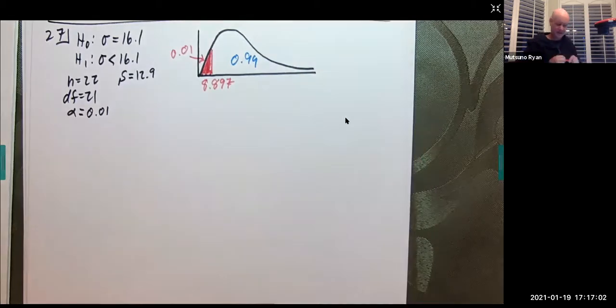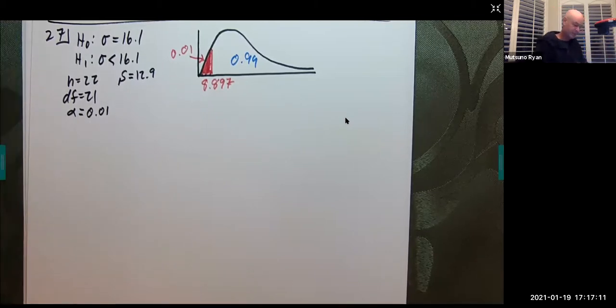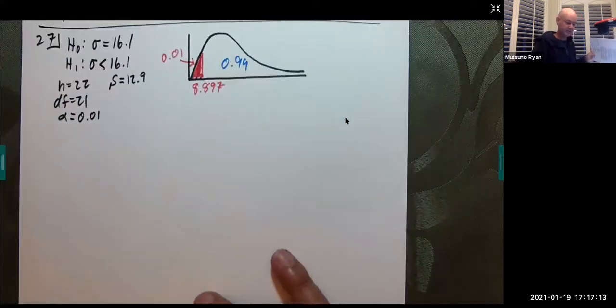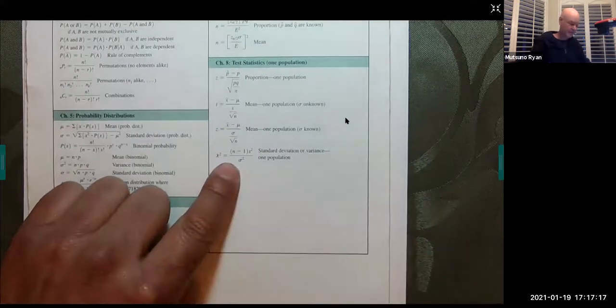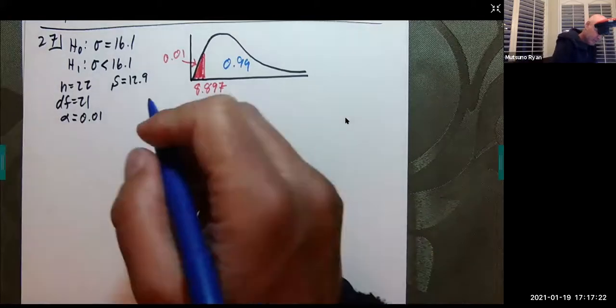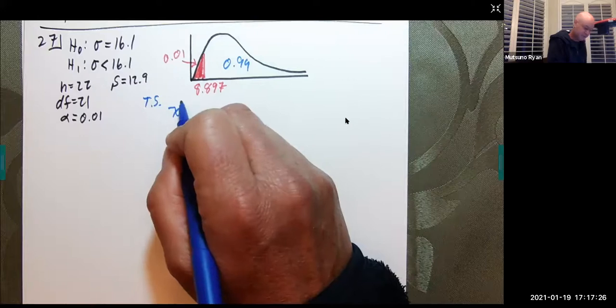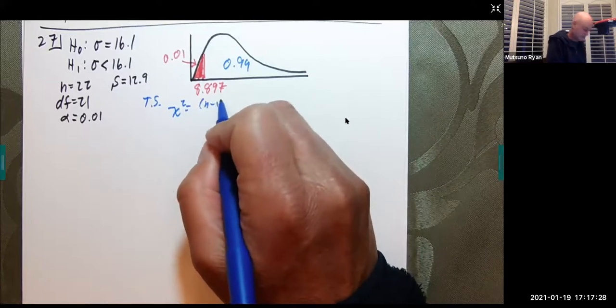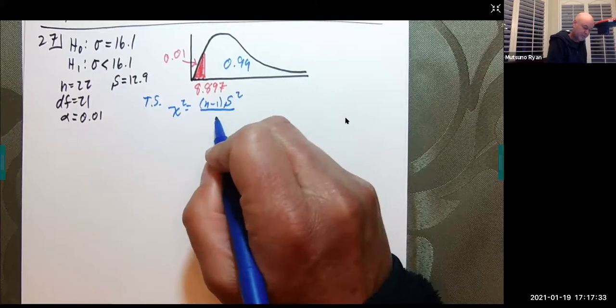And we're going to find our test statistic. Now, we don't have a fancy button for this one, so we have to use the formula. And the formula is right here for our test statistic. So for our test statistic, we're going to have to calculate this. So chi-squared is equal to n-1 times the sample standard deviation squared over the population standard deviation squared.